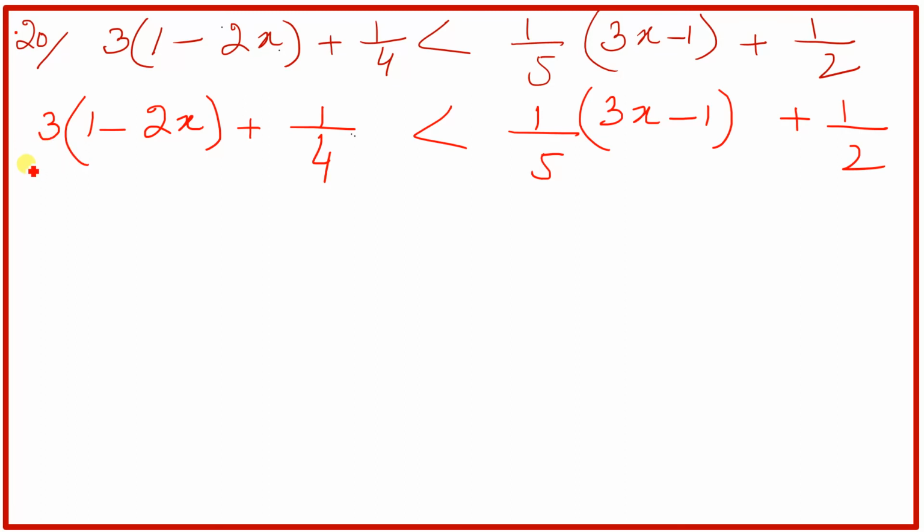Now I am not going to write down denominator 1. We have to multiply all these four terms by a number, because we have to remove the fractions. So what is the simple way? Multiply the denominators: 4 times 5 is 20, and then 2 times 20 is 40.